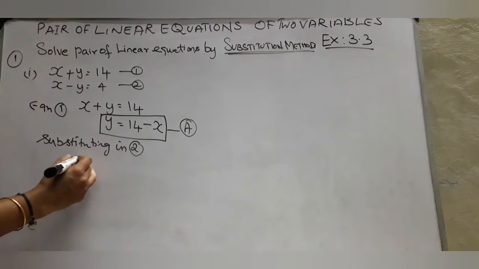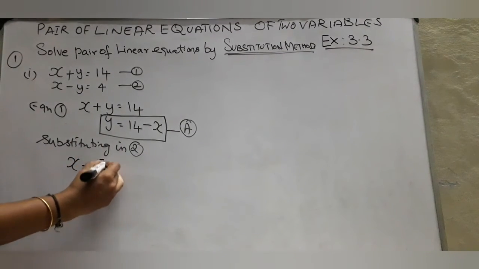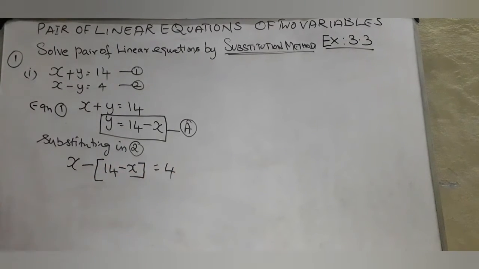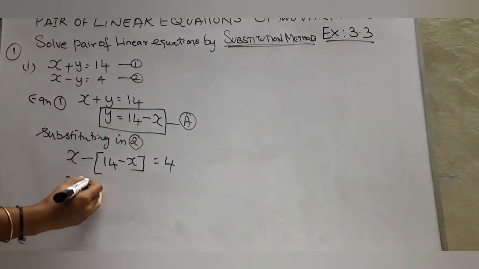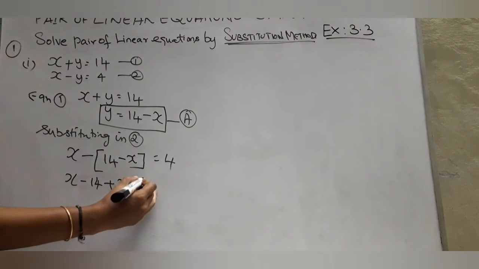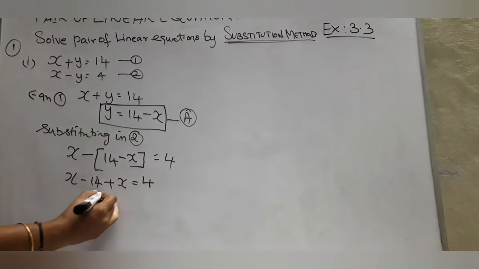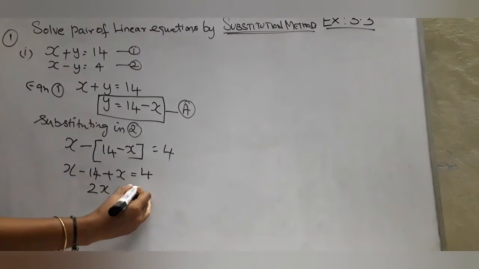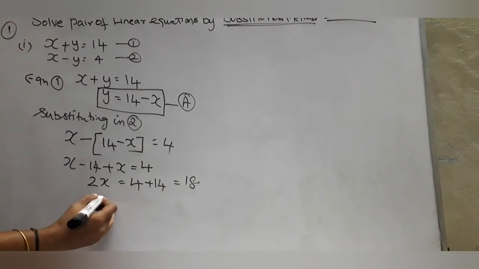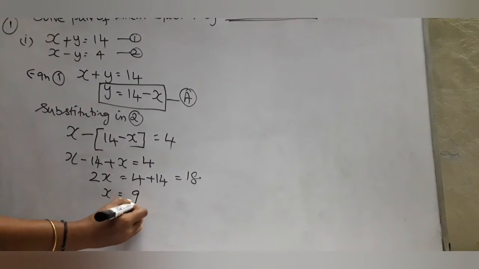Now, x minus of 14 minus x is equal to 4. x minus 14 plus x is equal to 4. 2x is equal to 4 plus 14, which is equal to 18. x is equal to 9.